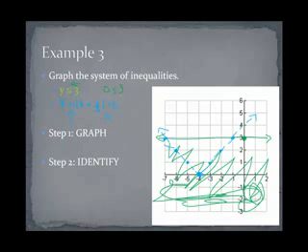Alright, and now that I have this graphed, I'm going to go ahead and test yet another point. Well, let's choose 0, 0. Nice and simple, right? So I plug 0 in for y, and I get 0. Crazy enough. I plug 0 in for x, and I get 0 plus 4 is equal to 4. What's the absolute value of 4?